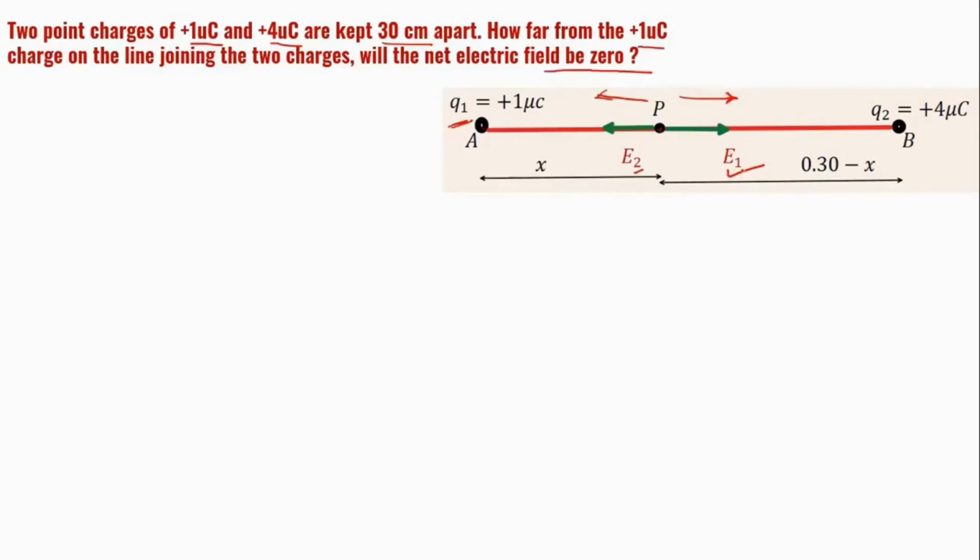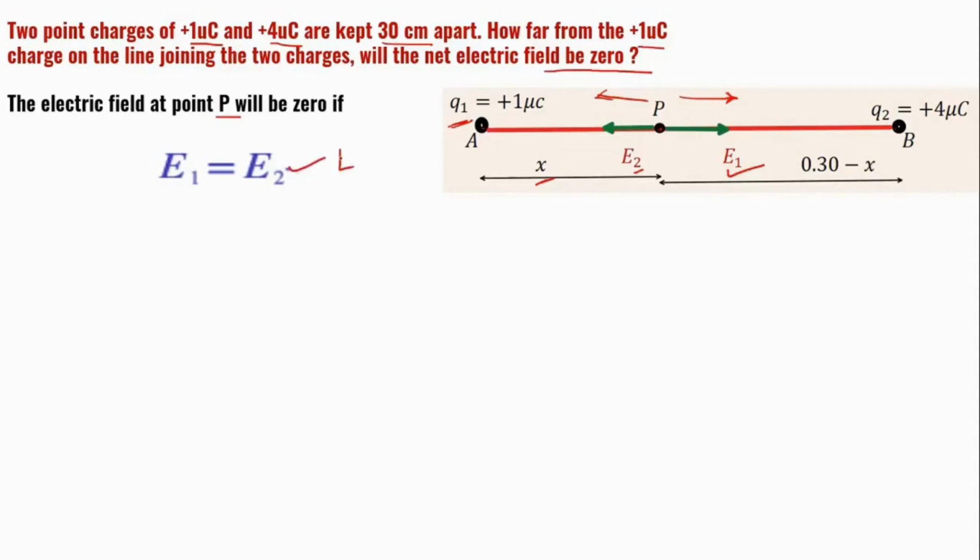Now we can find the magnitudes of E1 and E2. Further, let us suppose the point P is at a distance of x from the point A, and the remaining distance, that is the distance between P and Q2, will become 0.30 minus x, where we have converted it into meters. Now next, the electric field at the point P will be 0 when we have E1 equal to E2 as they are pointing in opposite directions.